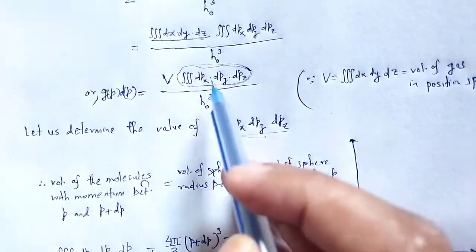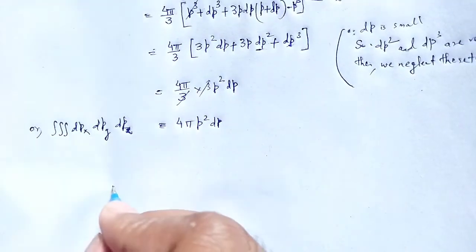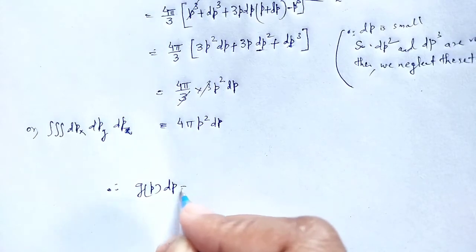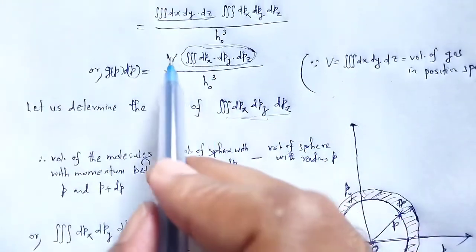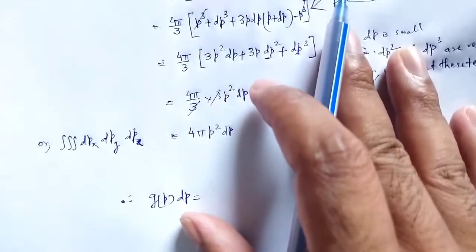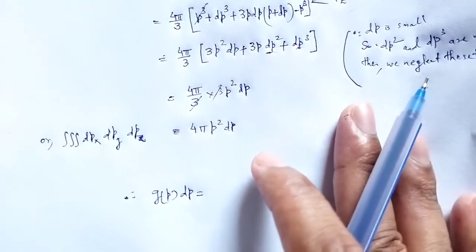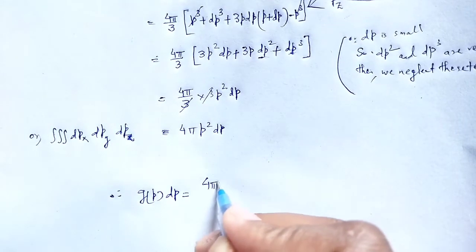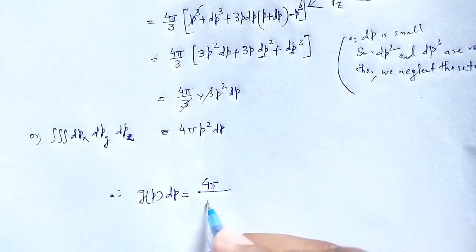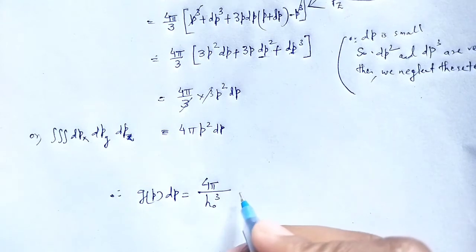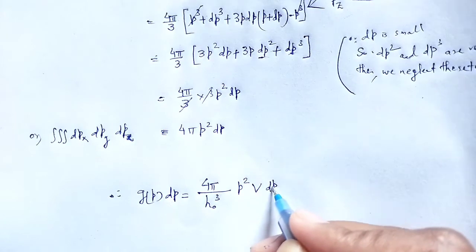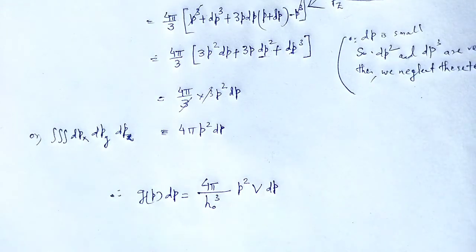Let us put this in that equation. Therefore the value of gp dp is equal to V times that much, that is 4 pi V divided by h naught cube, times p square dp.